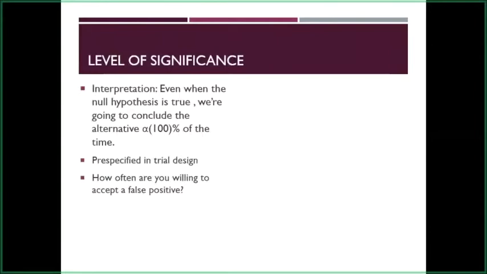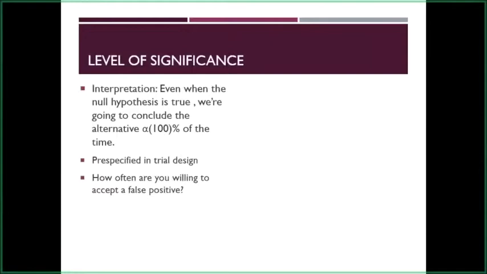If, on the other hand, you're studying an exercise regimen, and you're trying to show that it impacts some outcome, the consequence of making a false positive error in that case is potentially less concerning. Even if the intervention doesn't actually impact the outcome that you've specified, it's hard to imagine a scenario where exercise is bad.